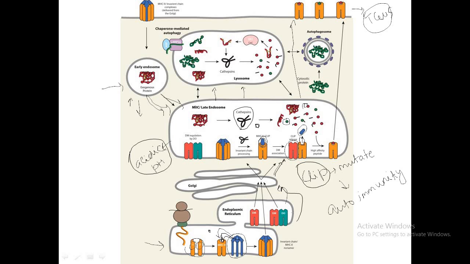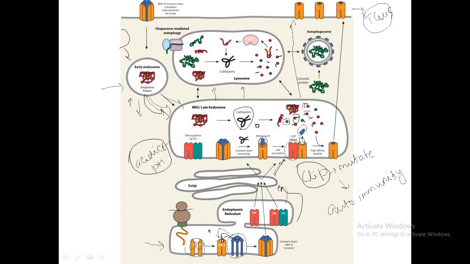After the processing of CLIP takes place, the foreign bacteria that have been internalized via phagocytosis come into the early endosome, and from the early endosome they move to the late endosome. Inside the late endosome, the foreign protein or pathogens are cleaved into small parts by cathepsin.